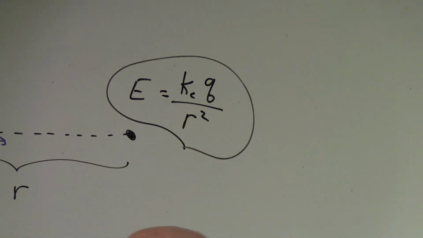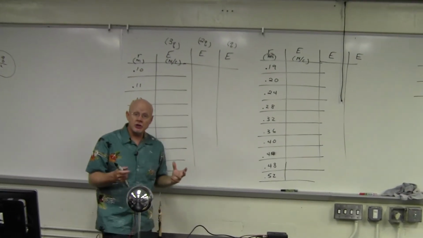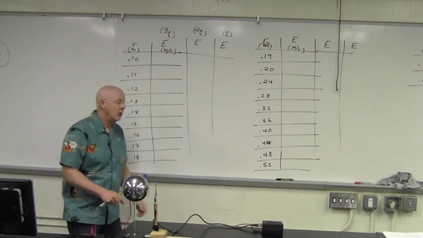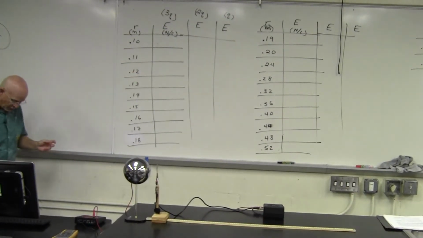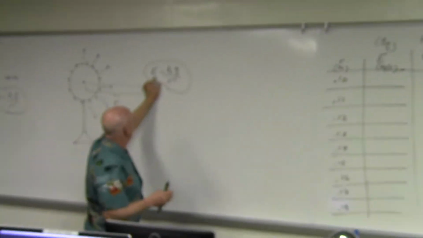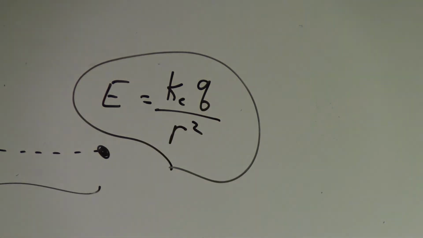And so that's why we're going to do it 3 times and have 3 different charges, so we could also see if it is proportional to the charge. So we will hopefully see both effects here, that the electric field is an inverse square law, but it is also proportional to the charge. And I know that proportional to the charge isn't in the title, but it's still important and good to see here.